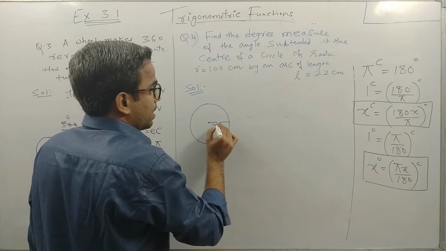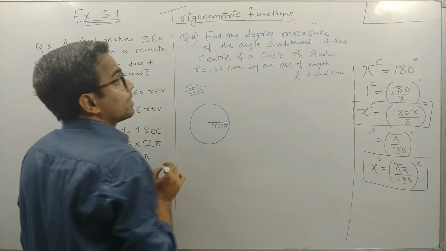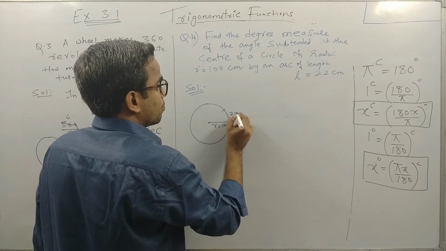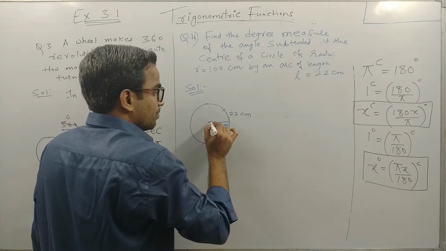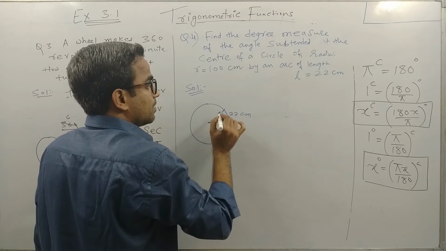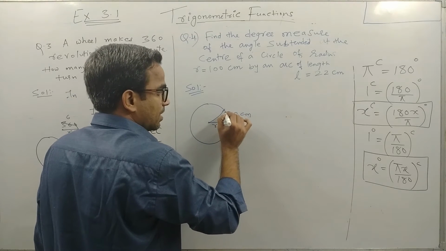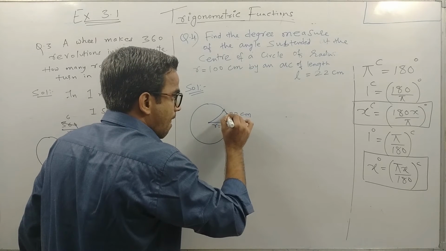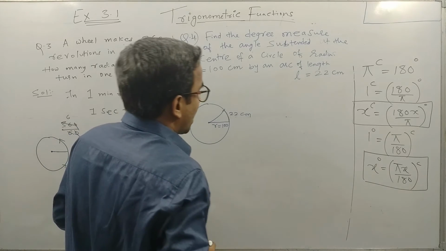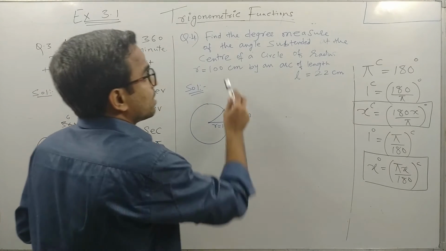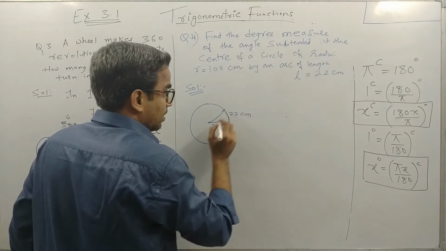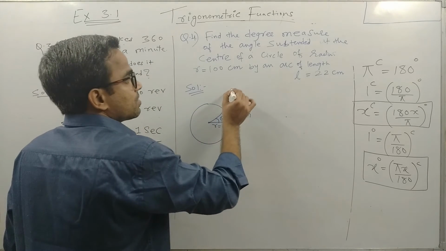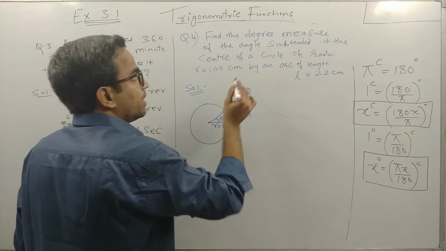So if this radius is suppose 100 centimeter, and arc of length 22 centimeter. So this is the arc length, right? So this arc length is 22, they are saying, and radius is 100 centimeter. So how much angle does this length of arc subtend at the center? Suppose I say theta, so they have asked theta, and that too in degree.